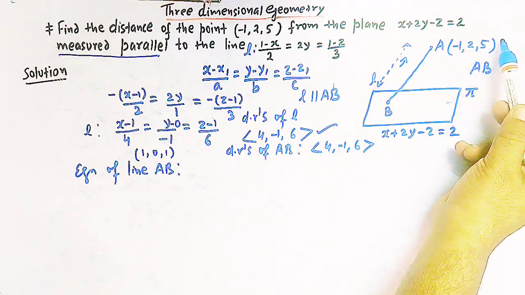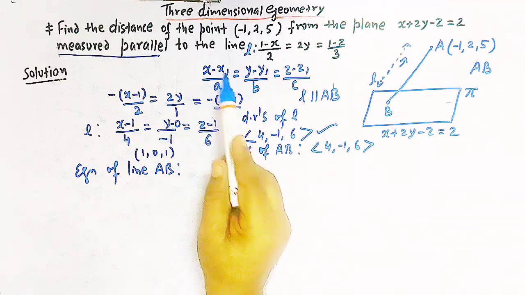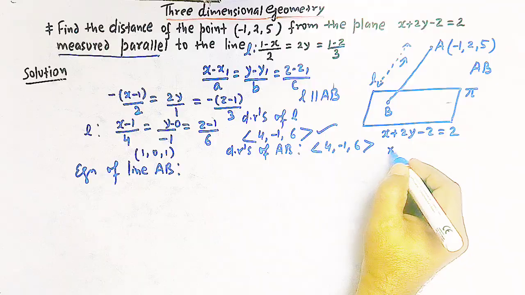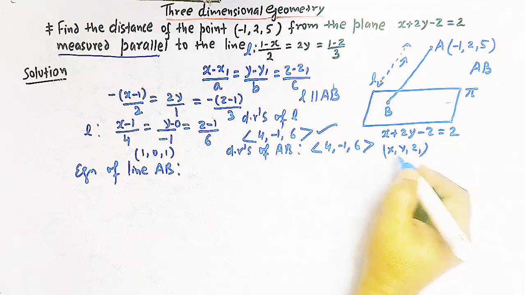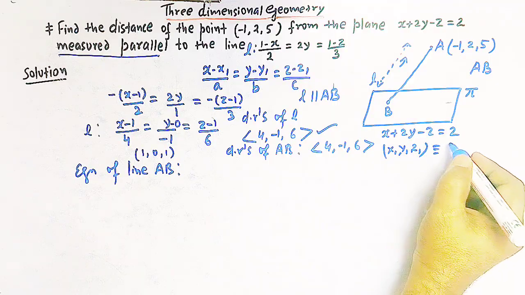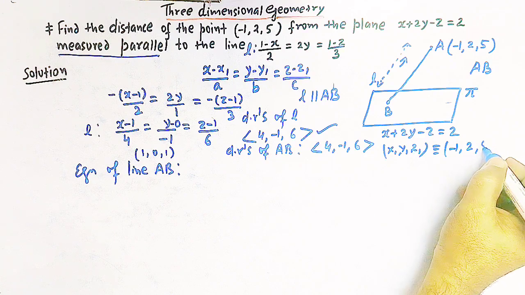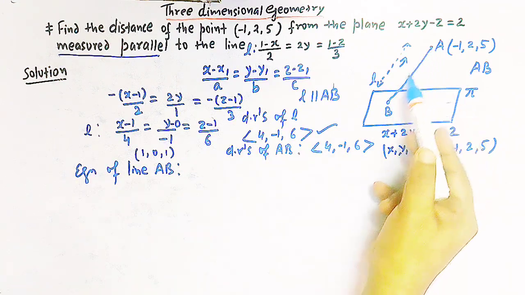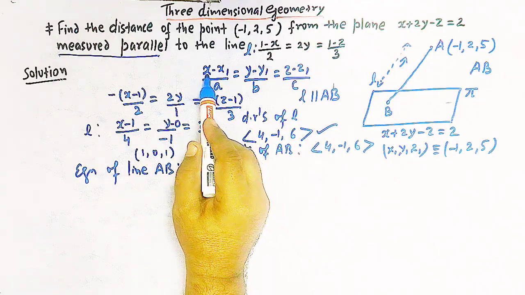And we already know the coordinates of a point x1, y1, z1 on this line AB, which are -1, 2, and 5. So now we are in a position to write the equation of the line AB in this form.